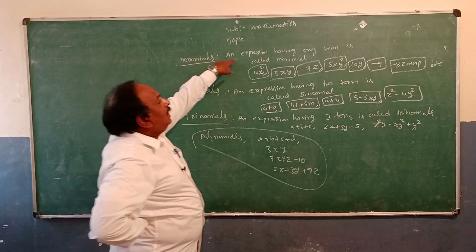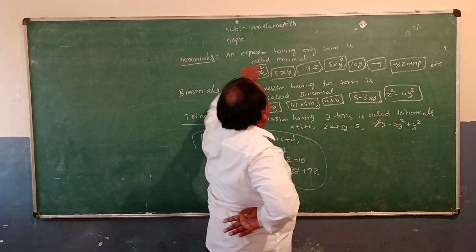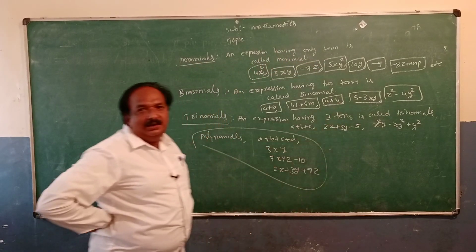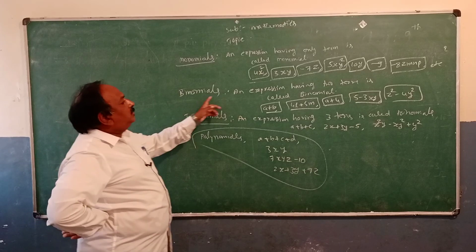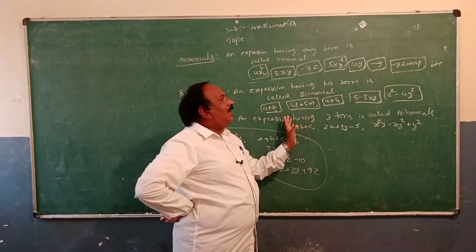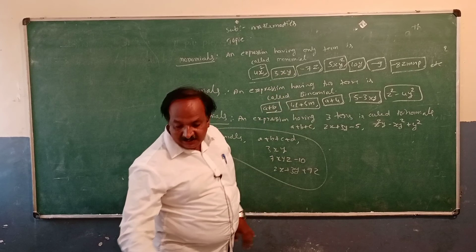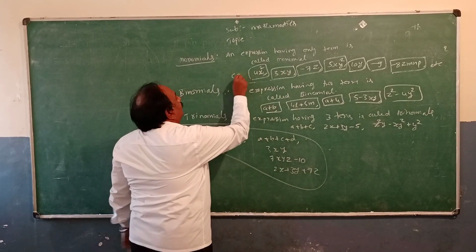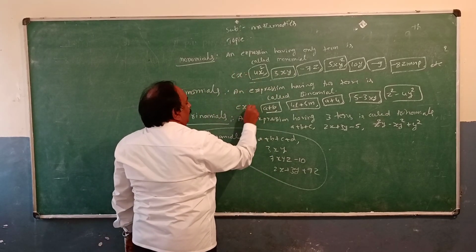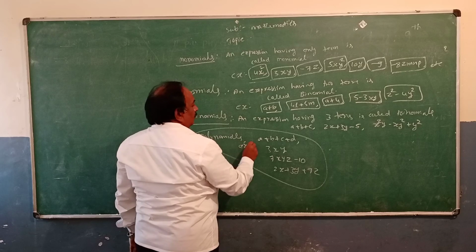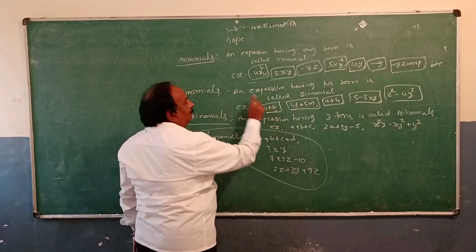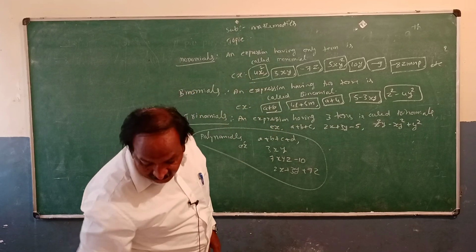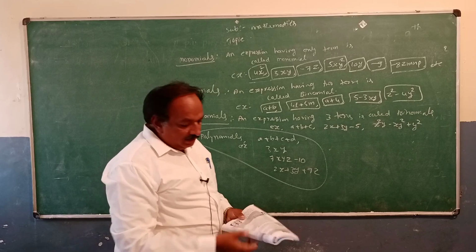An expression having only one term is called monomial. An expression having two terms is called binomial. These are all the examples of monomial, binomial and trinomial.